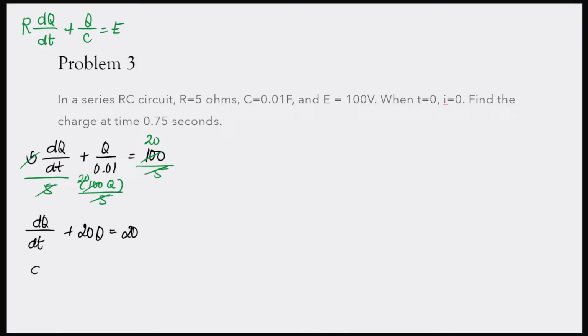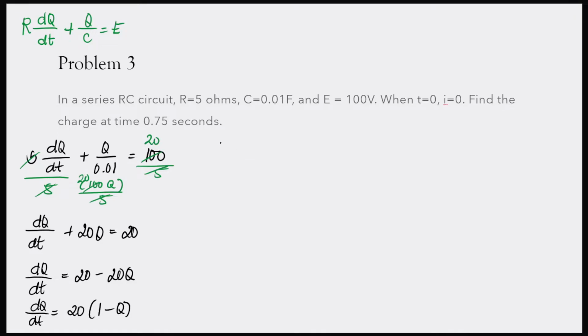So, we have dq over dt is equal to 20 minus 20q. Then, factoring out 20, we will have dq over dt is equivalent to 20 times 1 minus q. Then let's swap dt and 1 minus q so we can integrate both sides.